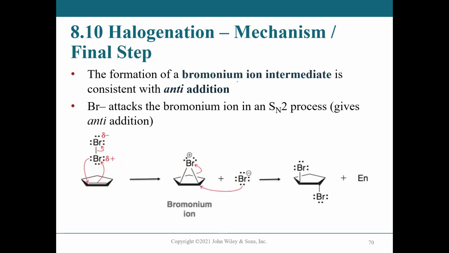The formation of the bromonium ion intermediate is consistent with an anti-addition. We talked about that. Bromide attacks the bromonium ion in an SN2 process, giving the anti-addition. So that means it's concerted. This is a concerted reaction right here. It's not stepwise.